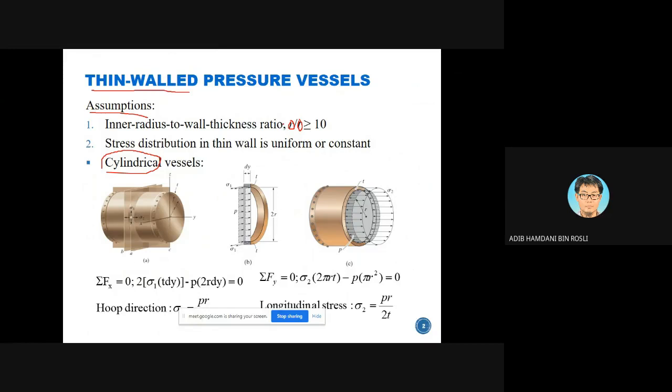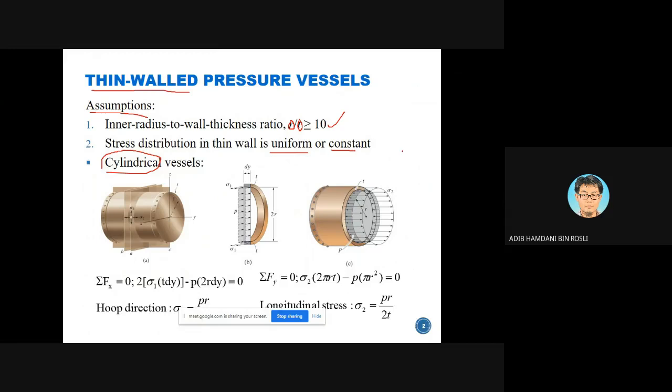Why do we make this first assumption? It is because we do not want to consider a type of stress, which we're going to discuss later. And the second assumption is that the stress distribution in the thin wall is uniform or constant.